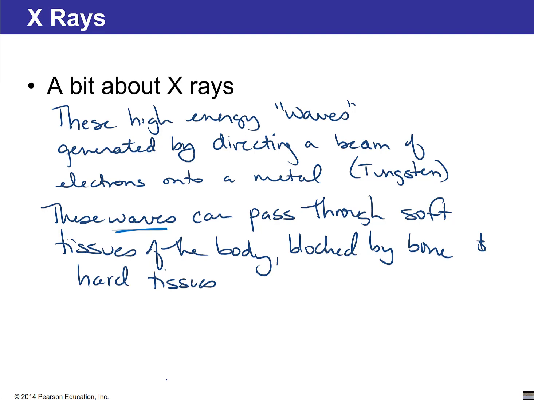Wherever it's soft tissue like muscle and skin, the X-rays pass straight through. Any place that there's bone, it's blocked. And so the film doesn't get exposed in those areas. So when they develop it, they can see any small cracks or fissures, any injury to the bone, because that'll be areas that the energy waves can pass through.